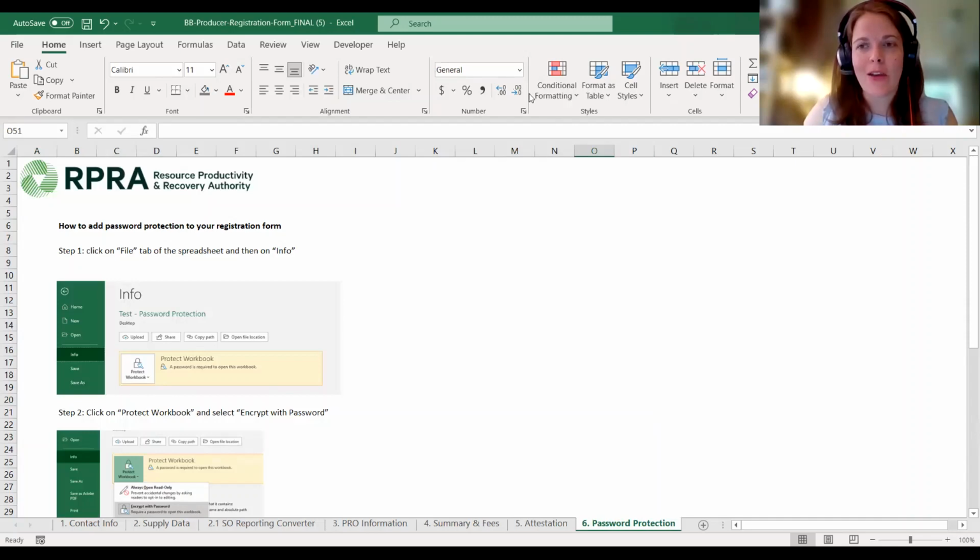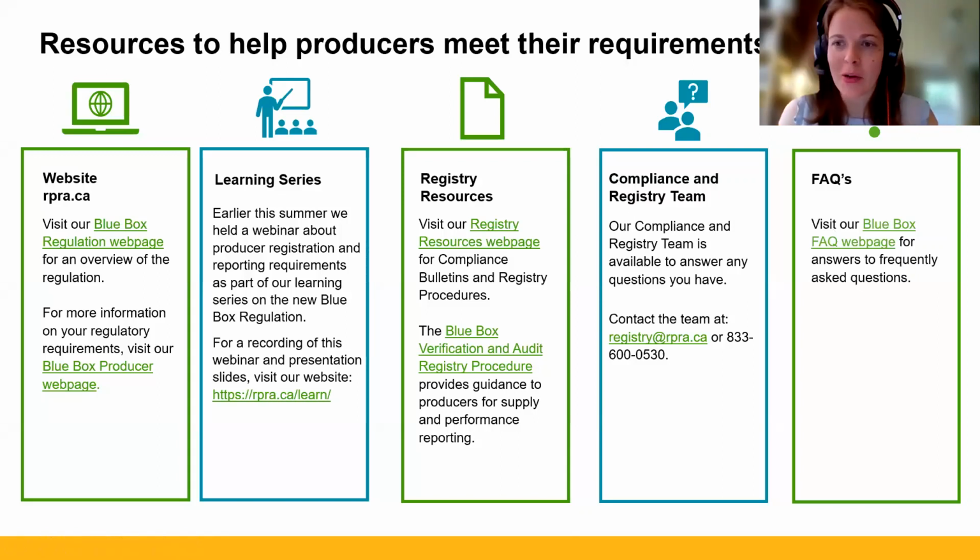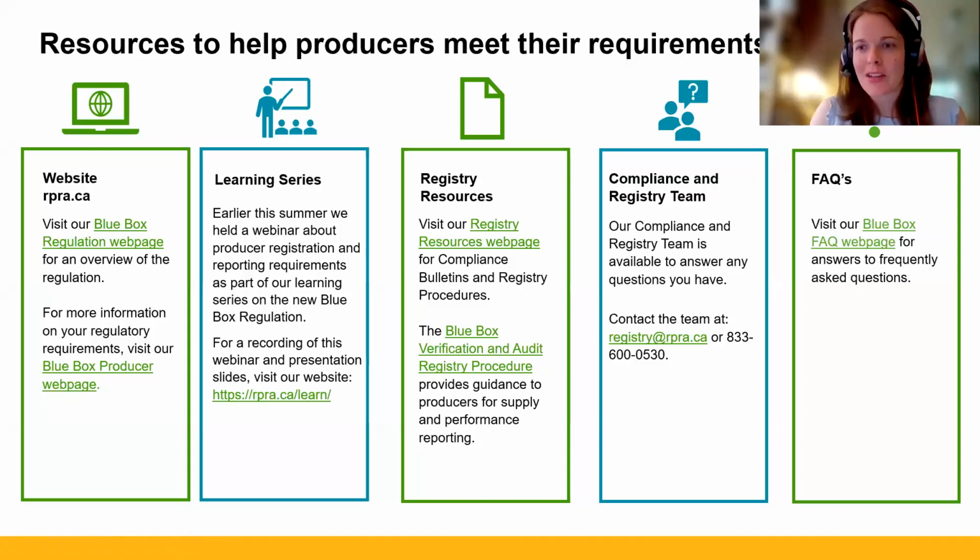So we're just going to let you know about some resources that are also available for producers. If you didn't get the answer you were looking for in this video, these are some other resources you can look to in order to complete your registration and reporting. Our website has some great information for producers around the regulation itself, as well as specifically for producers.